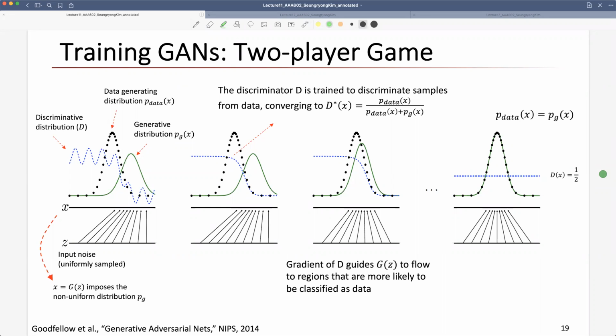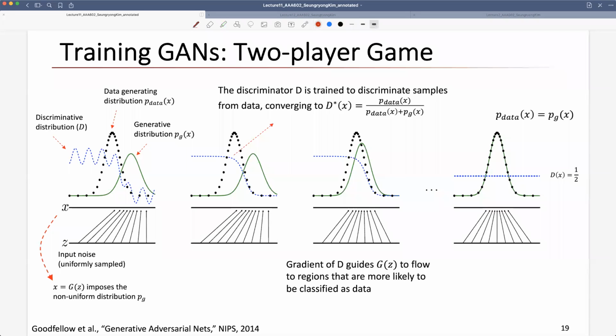It's a very amazing thing. So let me think about why. Of course, there is a proof in the paper of why the GAN procedure can learn the real data distribution. But in this lecture, I'd like to just show you an illustration.